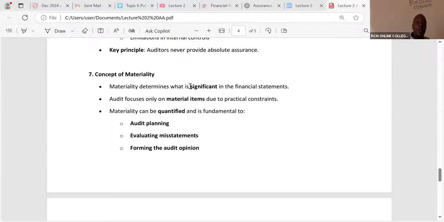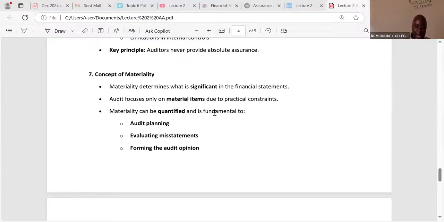Something is called material if it is significant, if it is able to influence decisions being made by the shareholders and everybody. If a figure is very, very small, we'll say that is immaterial. Audit normally focuses only on material items due to practical constraints.